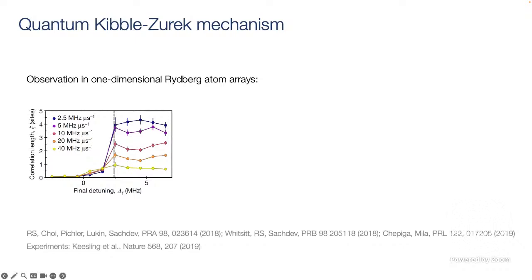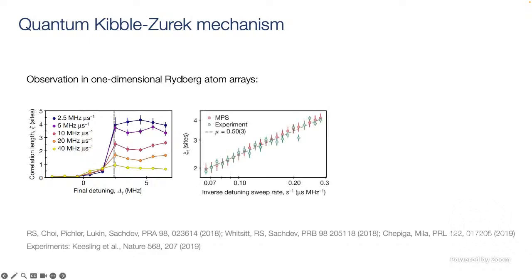So this Kibble-Zurek mechanism was actually tested experimentally in the Rydberg system for one of the phase transitions that we were collaborating on. Here in this picture, what I'm showing you is the correlation length as a function of the final detuning for different sweep speeds, okay? So I start off somewhere here and end up at a positive detuning, so I end up in some ordered phase, and you can see that the faster I go, the smaller my final correlation length is.